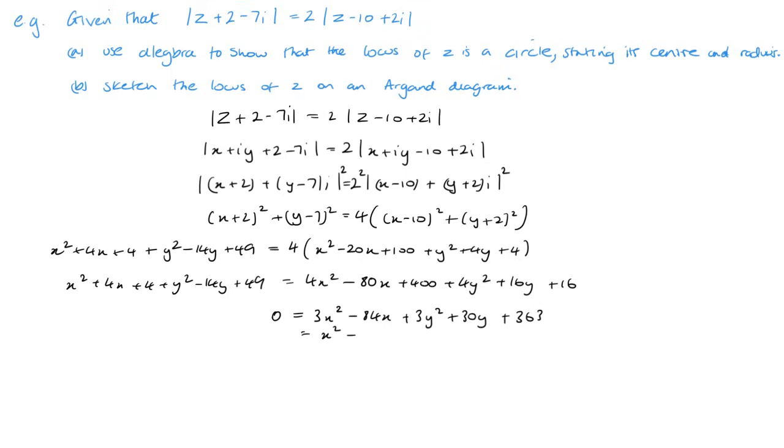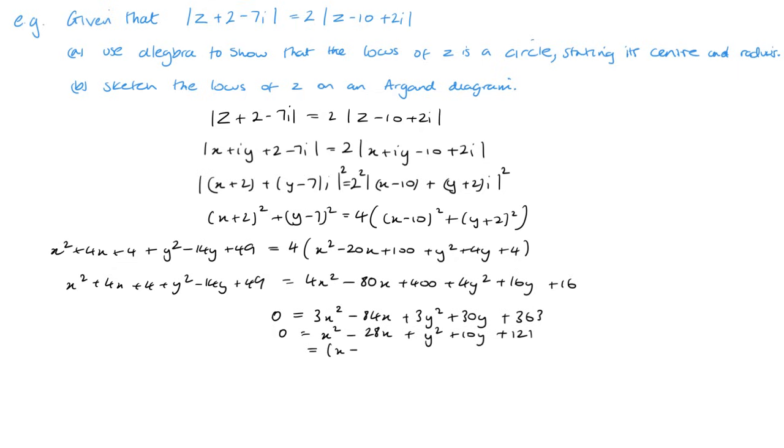Then I can divide by 3, so we get x squared minus 28x, because 84 divided by 3 is 28, plus y squared plus 10y, and 363 divided by 3 is 121. Now what I need to do is complete the square for both my x and my y.